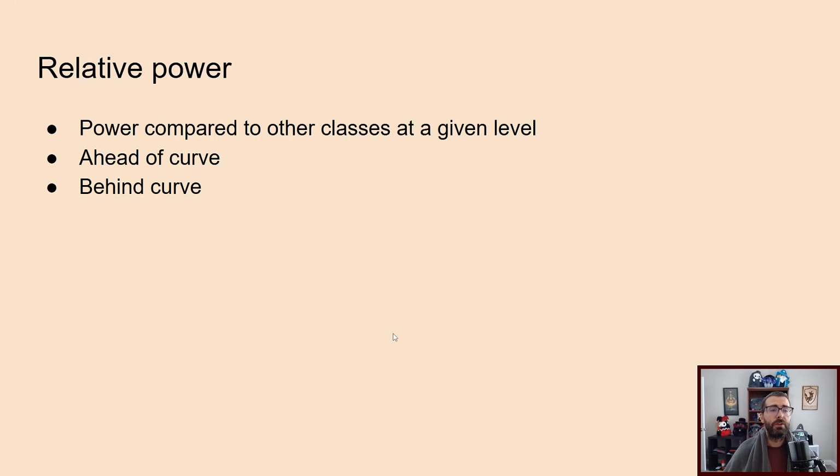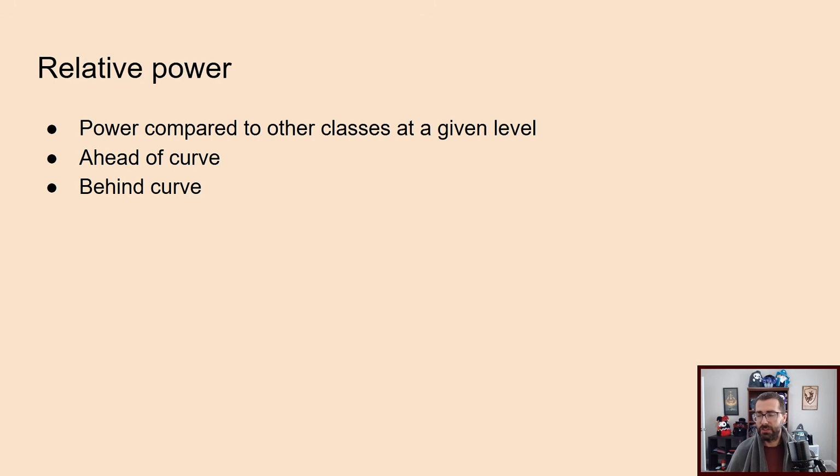So your power can be rated as relative to the power of other classes, especially other similar classes, I think. So at any given time, you can look at a fighter, a barbarian, an exemplar, an investigator, a rogue, and kind of compare how you think they are at any given level.